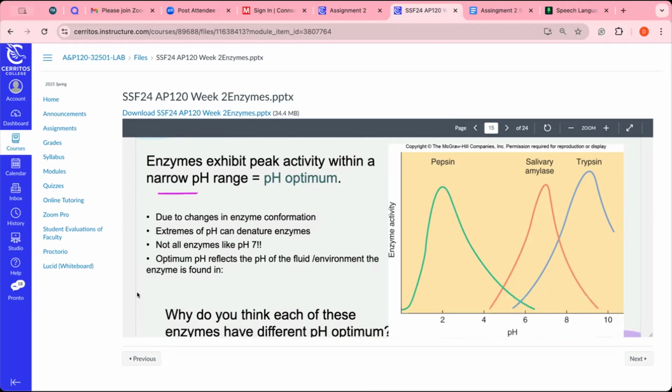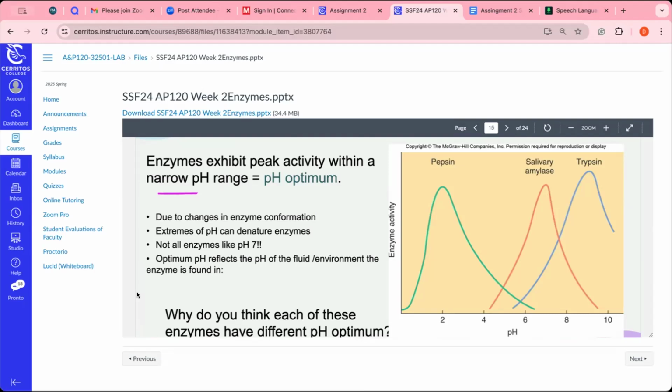Then salivary amylase that's in your mouth. Your mouth is slightly acidic, but it's more neutral, has the highest effectiveness when you're at a pH of 7.